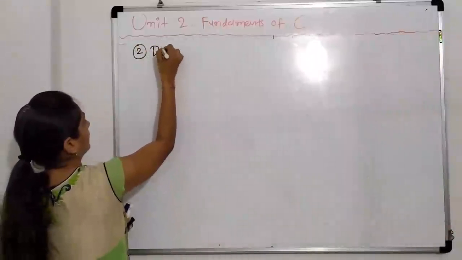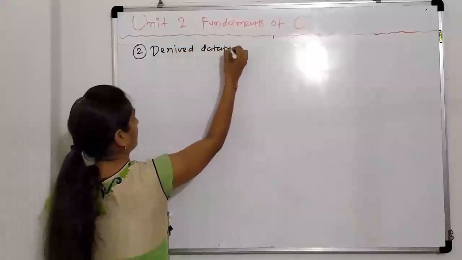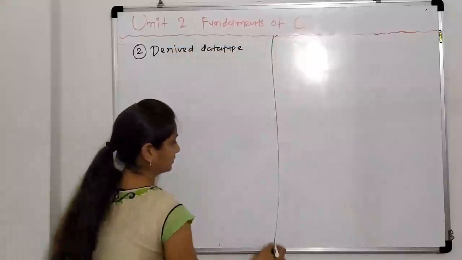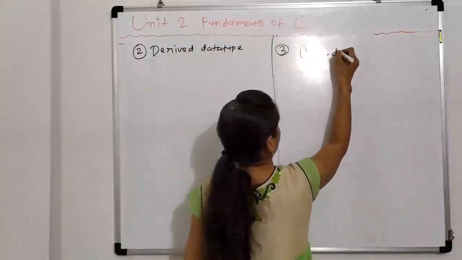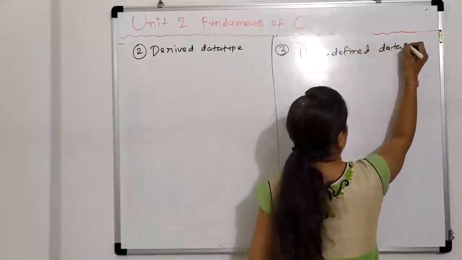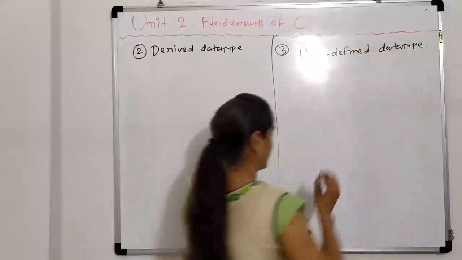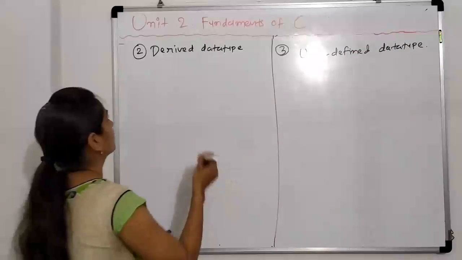Second, derived data type, and third is user defined data type. It is again divided into many different types.